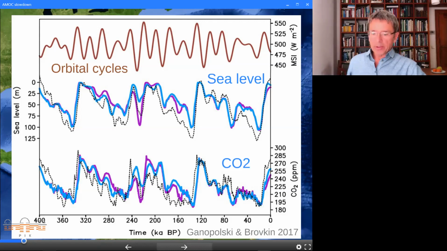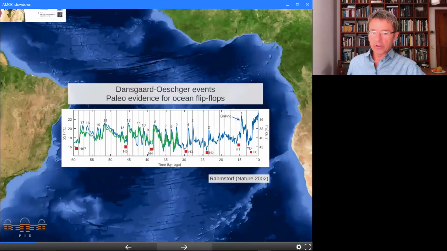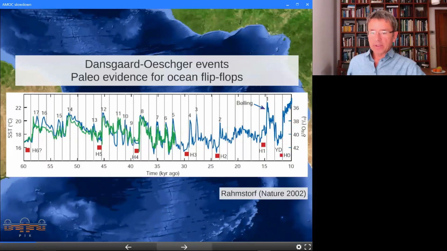Now, I'm talking about the ice ages because the evidence for instability in the ocean circulation comes from the ice ages. It came out of the Greenland ice cores, which showed abrupt climate changes during the last ice age. This is a time span of 60,000 to 10,000 years ago.